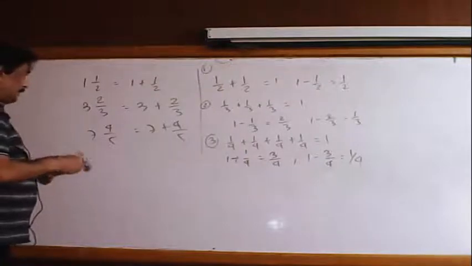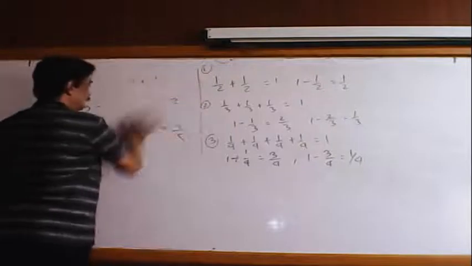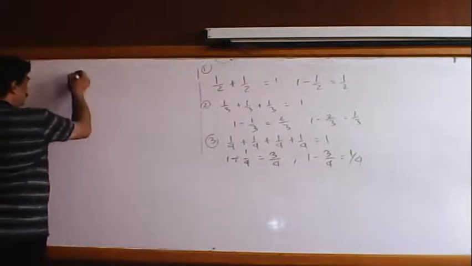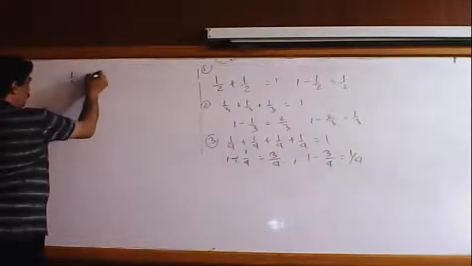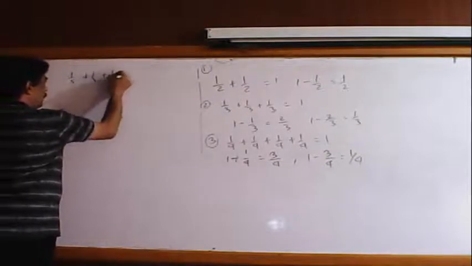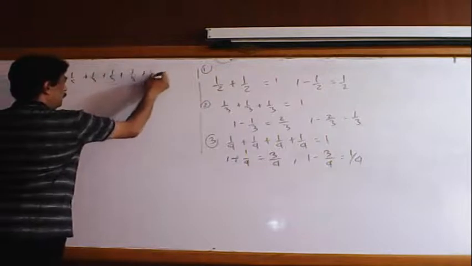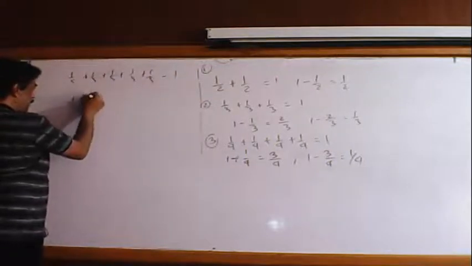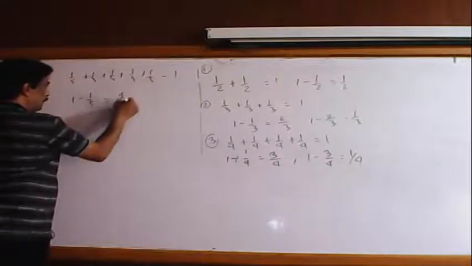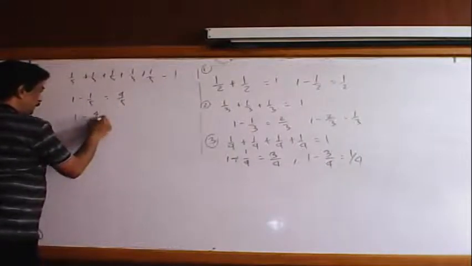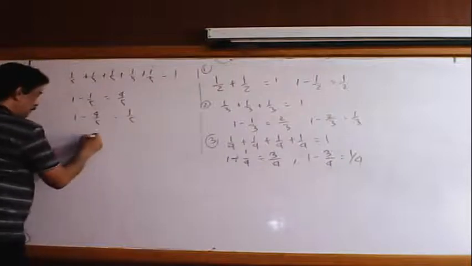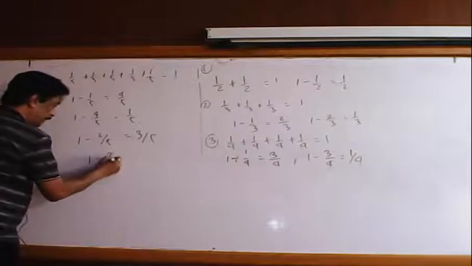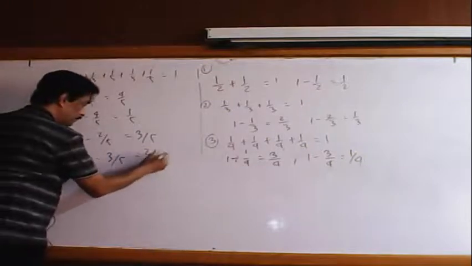Now, next part, say 1 by 5 plus 1 by 5 and so on. 5 times 1 by 5, result is 1. So 1 minus 1 by 5, result is 4 by 5. 1 minus 2 by 5, your result is 3 by 5. And 1 minus 3 by 5, your result is 2 by 5.